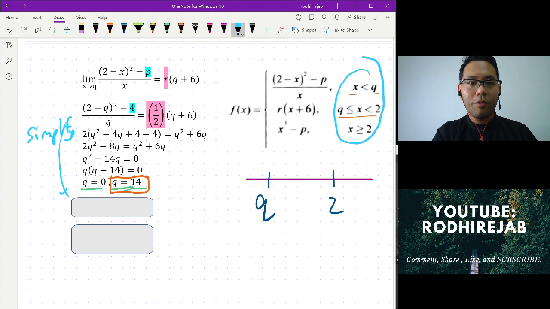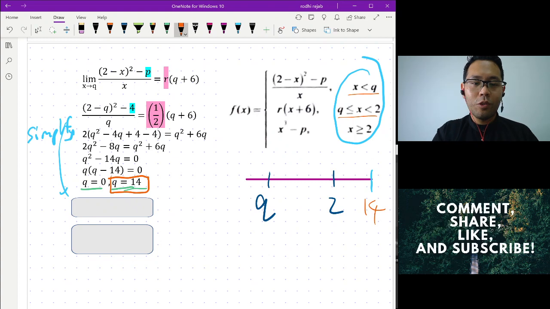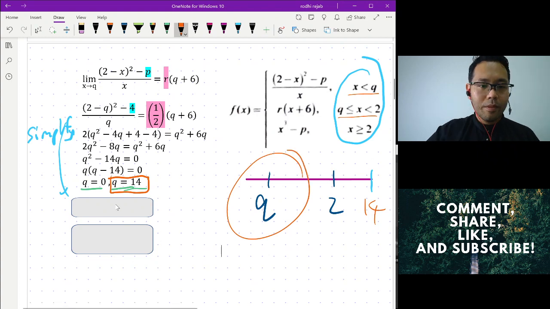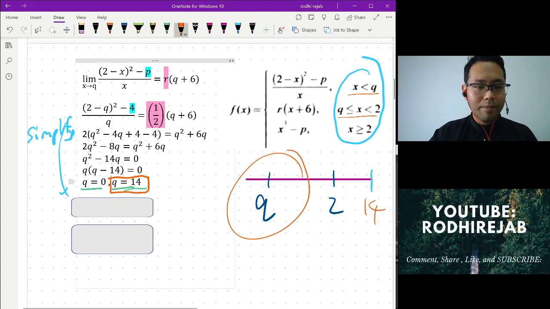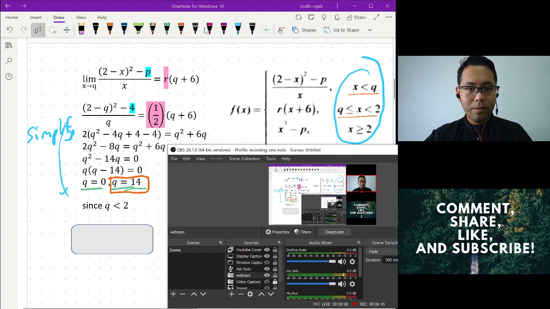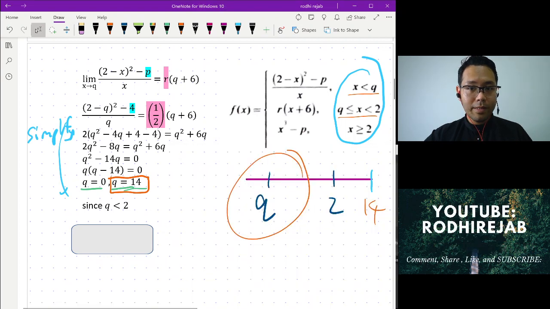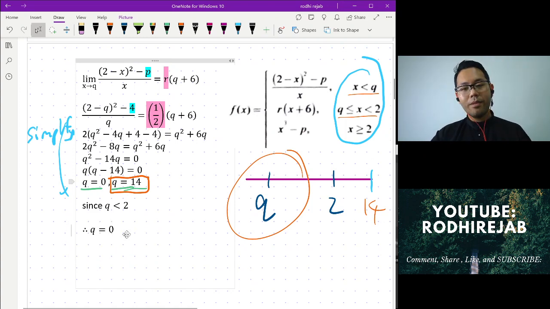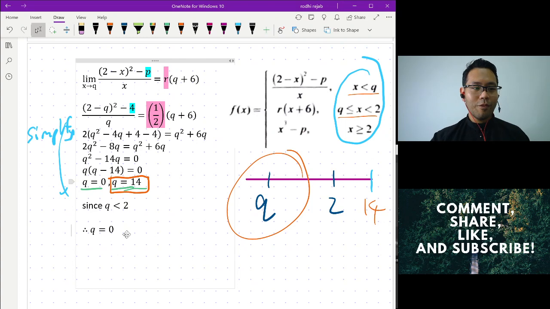So 14 is way outside of the barrier. 14 is somewhere around here. So you should not take 14. Q must be less than 2. Since Q is less than 2, the conclusion is Q equals 0. Okay? Hopefully you get it.